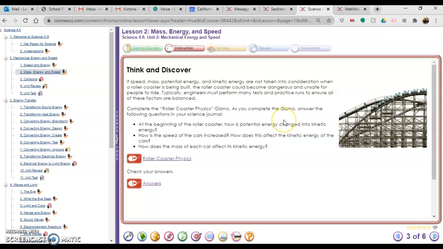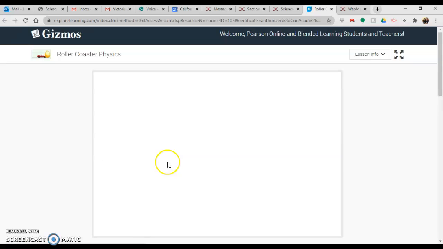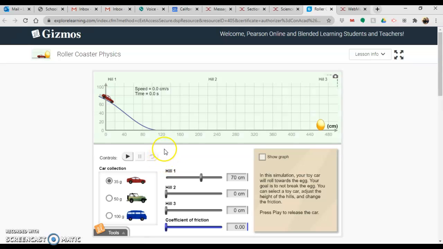Now, the reason I bring this up is because it was brought to my attention by a few of you this afternoon and this morning that when students click on this link right here that says roller coaster physics, this gizmo pops up where the students can play around and simulate cars rolling down a hill and smashing into an egg to see what they could do to make sure that the car has enough momentum.